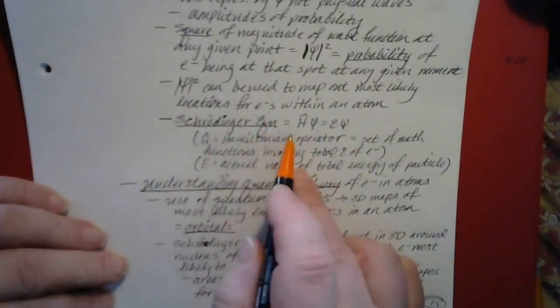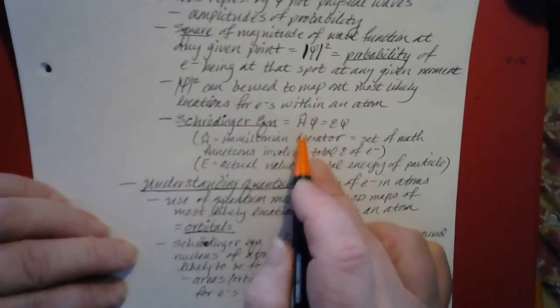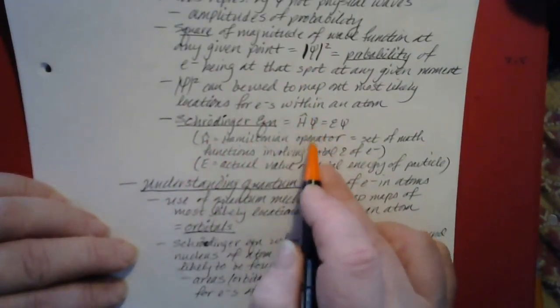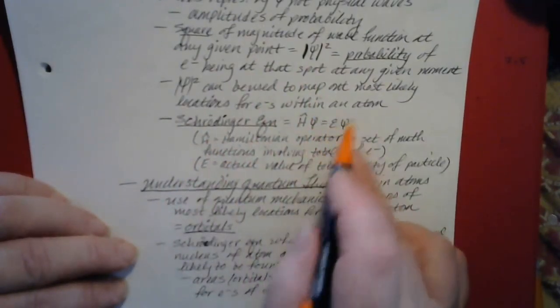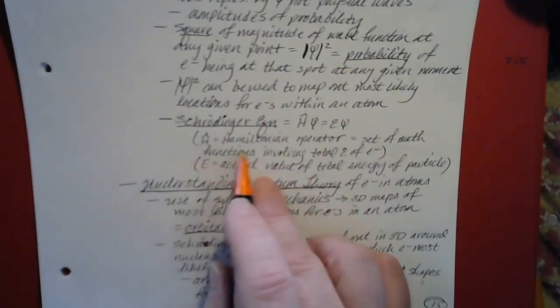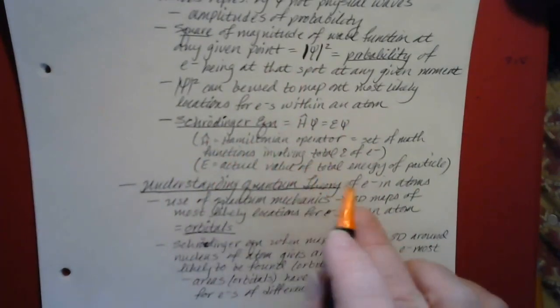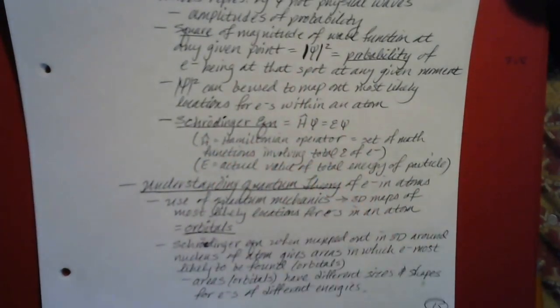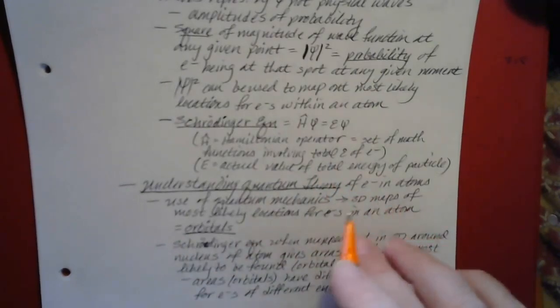Now, the Schrodinger equation takes this form of H with the circumflex psi equals E psi. In this case, H with the circumflex is what's known as a Hamiltonian operator, and that's a complicated mathematical function that has to do with the energies of the electrons.